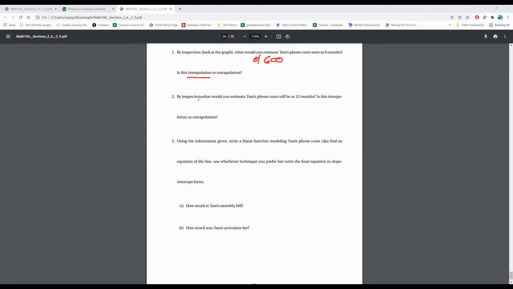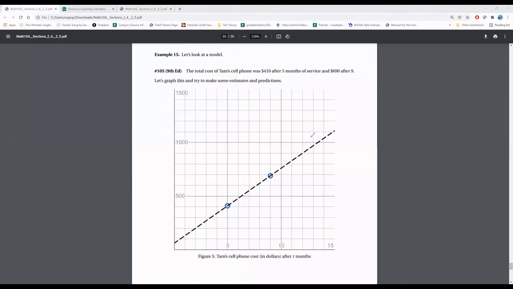Let's look again by inspection. What do we suppose Tam's costs are at 12 months? We'll start here. Here's 10, 11, 12. Up to the graph. That's our point there. It appears to be around 900.